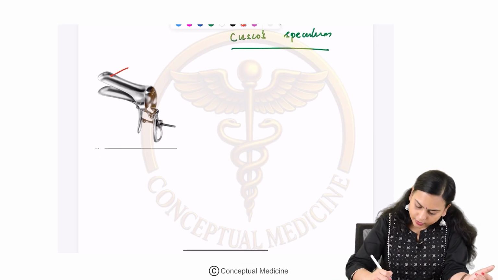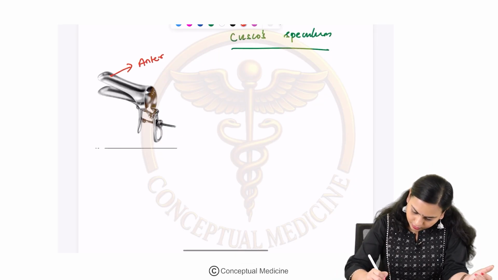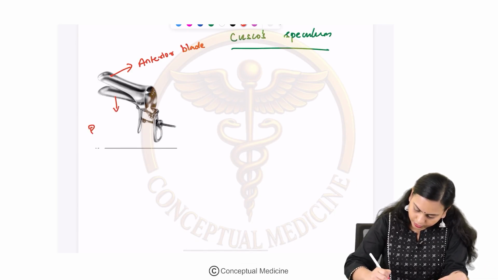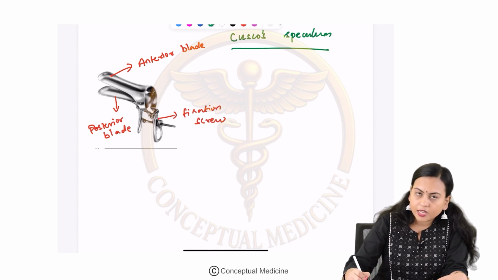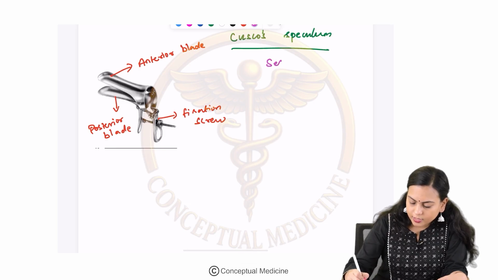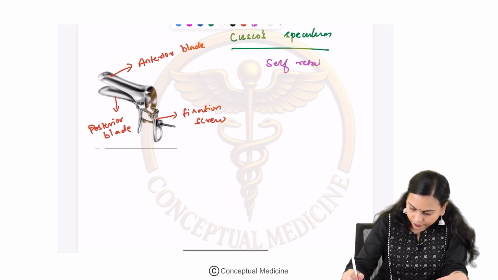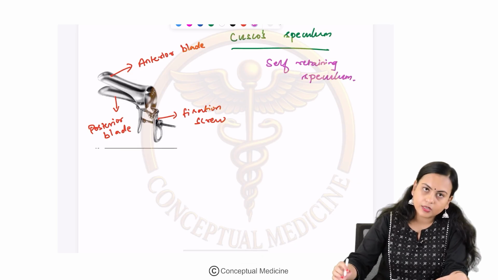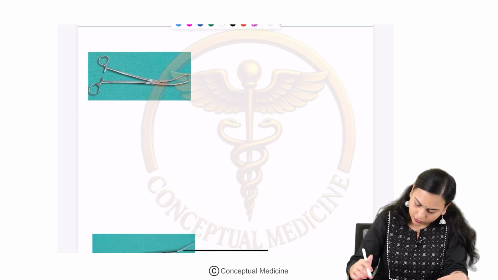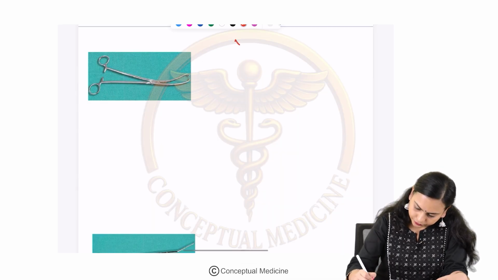Here you have an anterior blade, a posterior blade, and you also have a fixation screw. The advantage of using Cusco's speculum is that it is a self-retaining speculum. Clear?